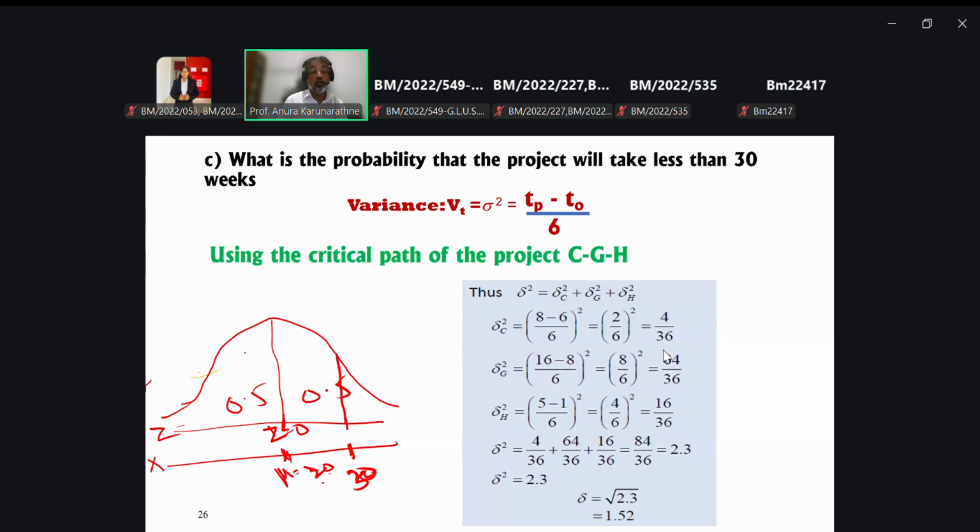So what is the chance for the project below 30 weeks? Below 30 weeks means completely this 50% or 0.5 plus this probability, right? So how to obtain it?